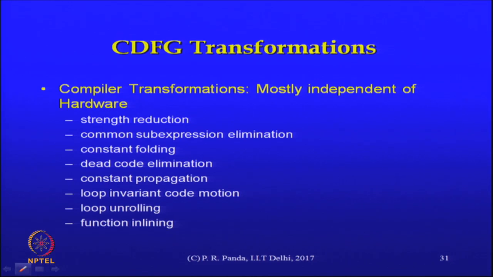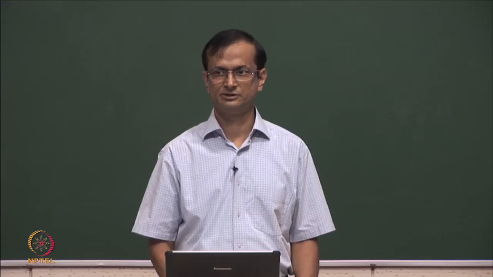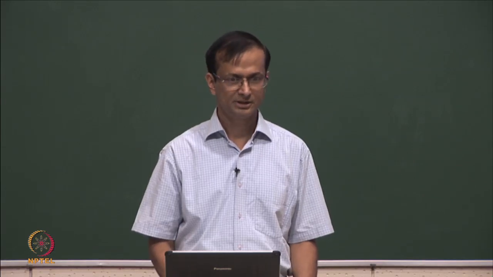Conceptually, they make sense, particularly the later transformations like unrolling, but many of them are of the simplification variety. The user has provided some input, and the objective of the transformation is to simplify that input in some way. Now, simplification normally should lead to a better quality output, irrespective of whether it is a software output or a hardware output.